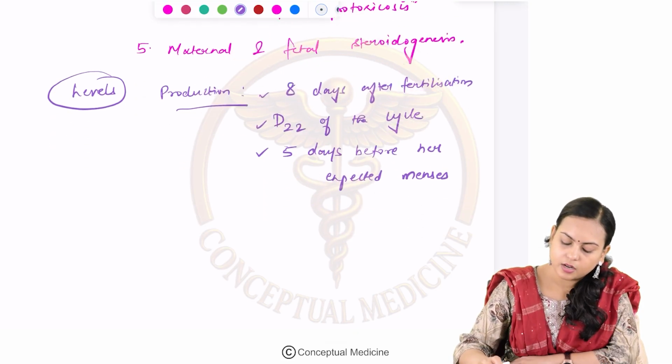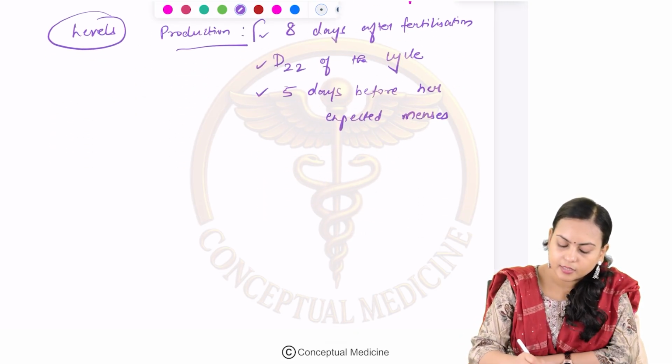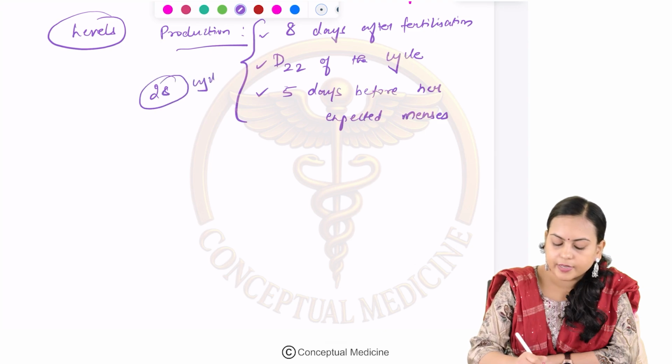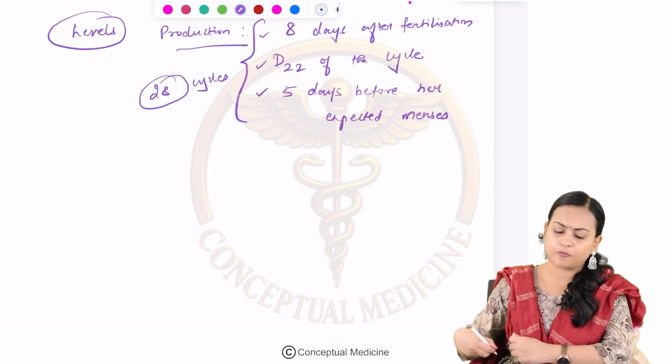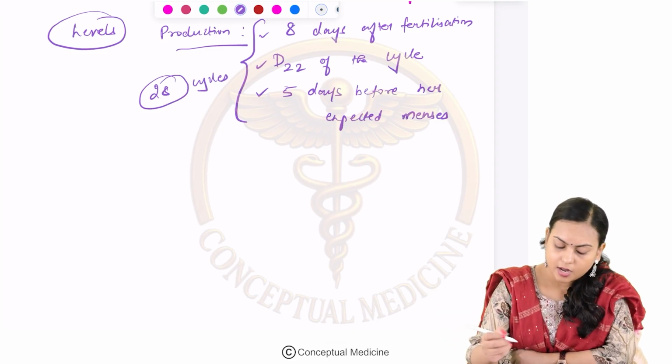Understood? So, basically this is considered if the woman is having a regular 28-day cycle. Okay, all these days are same only. Understood?